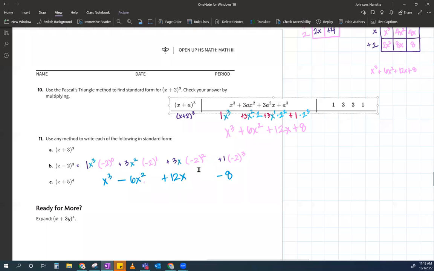Yeah. If there's an even number of negatives, your answer will be positive. If there's an odd number of negatives, it'll be negative. Because our exponents alternate between even and odd, that's why the signs alternate.